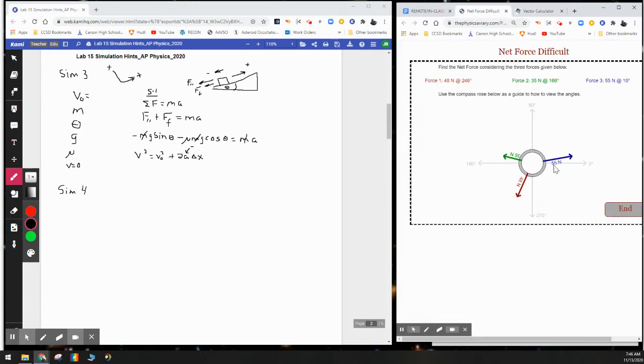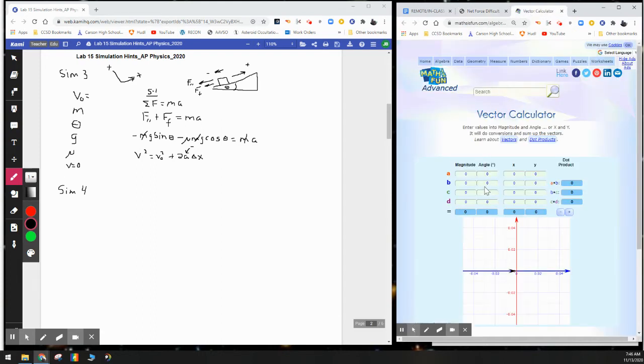Whatever these forces are, here's 48 at 246, 35 at 166, and 55 at 10. I'm going to look at these forces and use the vector calculator. I have to be careful about what quadrant it's going to be in, because we may have some coterminal angles involved here, and we'll make sure that we are taking it with respect to the positive x-axis. That's simulation number 4.